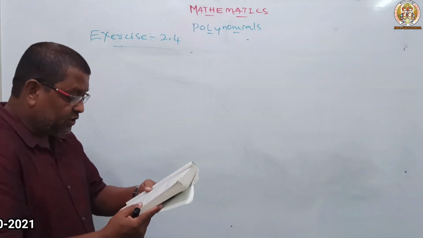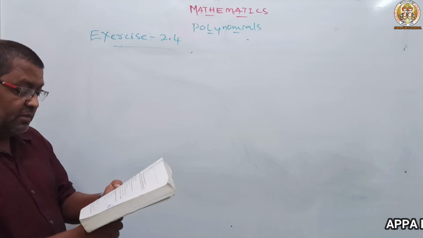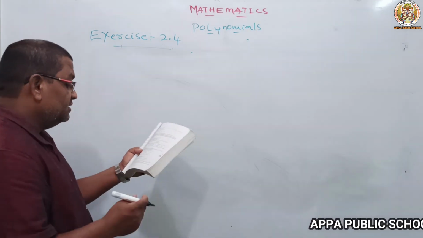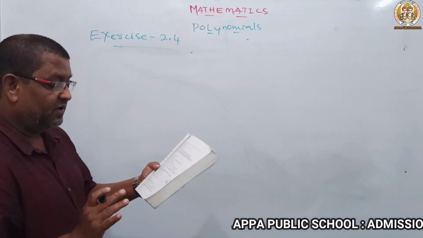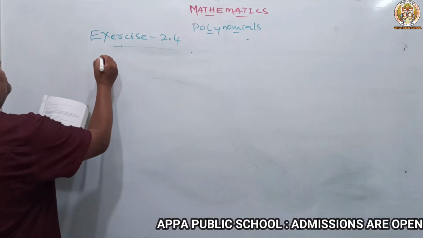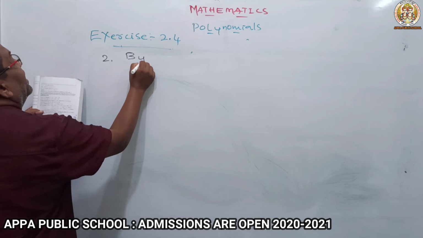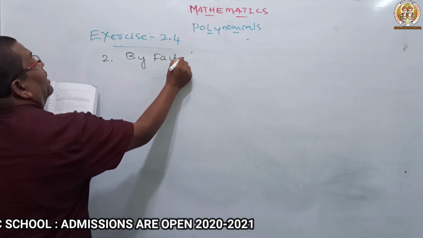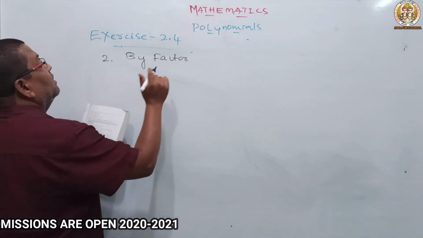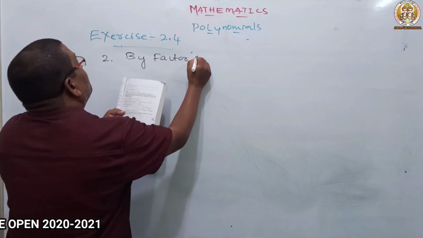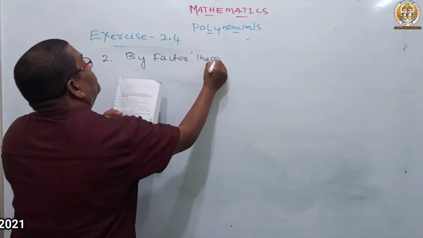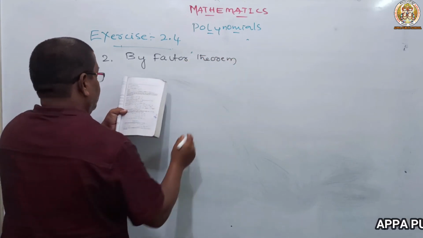Let me read the second question. Use the factor theorem to determine whether g of x is a factor of p of x in each of the following. So use the factor theorem. By factor theorem, I am writing just only the main point of the question.